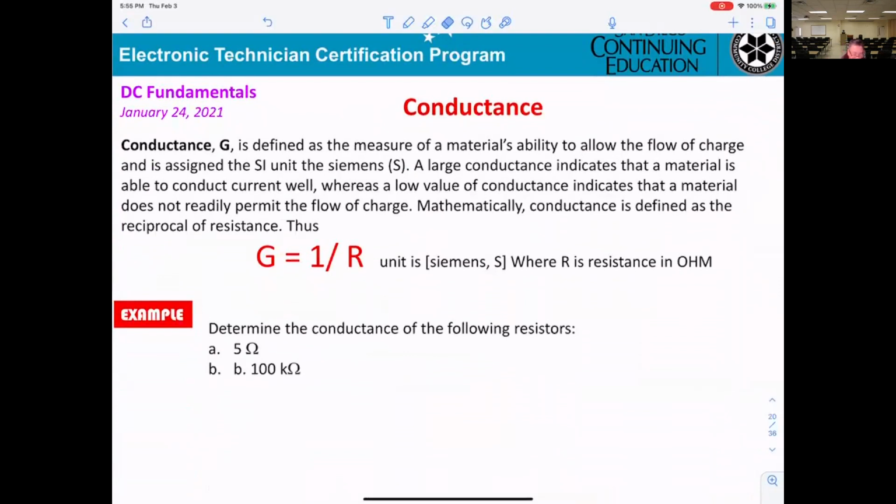So G equals 1 over R, and the unit is Siemens, where R is the resistance, and the unit is ohm. Like if they give you 5 ohm, they want to know the conductance. Or if they give you 100 kilo ohm, they want the conductance. You do it by yourself.